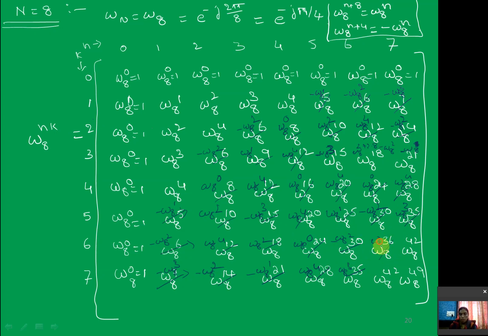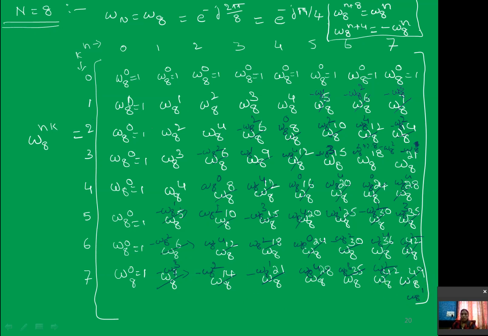That means W8 power 4. Here 5 8s are 40 plus 2, that means W8 power 2. This one also W8 power 2. Now coming to W8 power 45, 5 6 8s are 48 plus 1. That means W8 power 1.